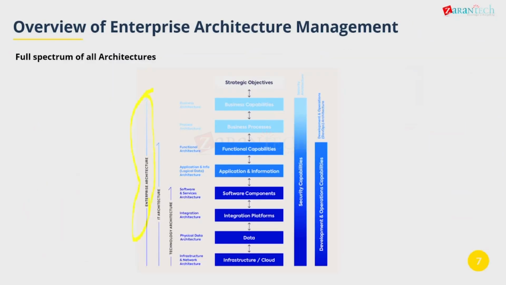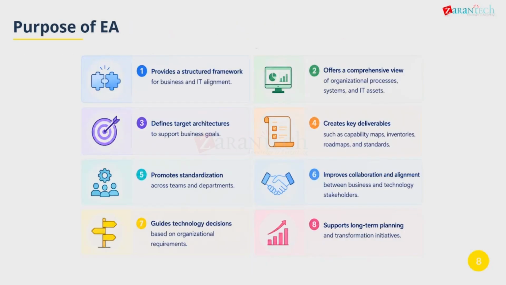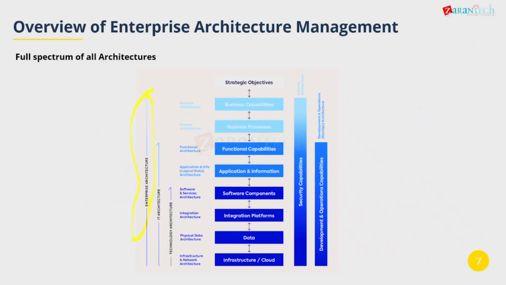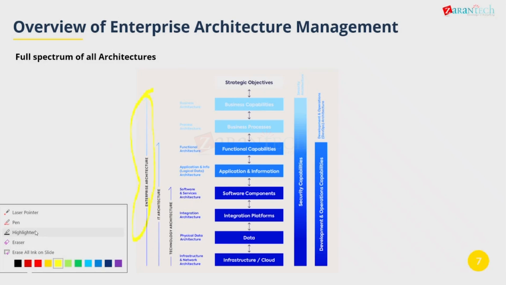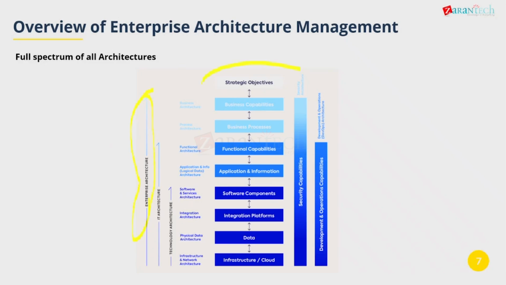This place, this strategic objective. I think I have to use the highlighter. Strategic objective is something which your super bosses have already devised, and they have filled up a long-term plan, LTP, what we call it.